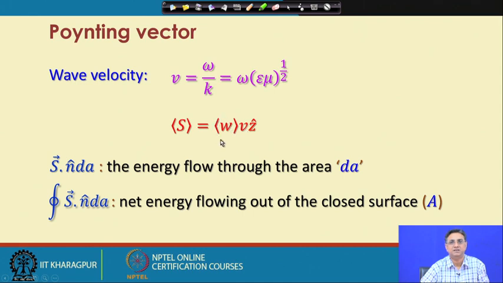That means, the average energy associated with both the electric and magnetic field over a distance given by the velocity will be equal. So, S dot n dA, that is the energy flow through the area perpendicular to the area dA, is represented by this, which will account for the net energy flowing out of the closed surface A.